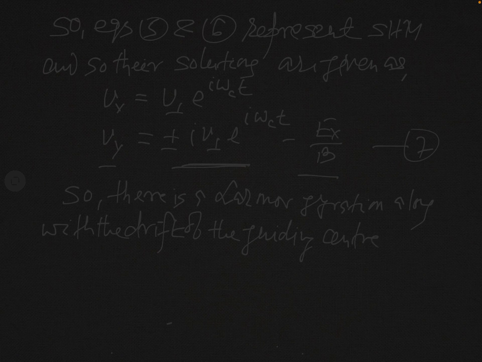In the absence of electric field, the guiding center was fixed, but now the guiding center is moving with a constant velocity. The drift of the guiding center with velocity, if we write this velocity as VGC, is simply equal to Ex by B. This is the drift velocity of the guiding center with which it is moving in the negative y direction.